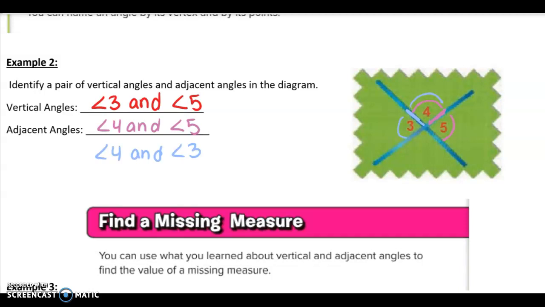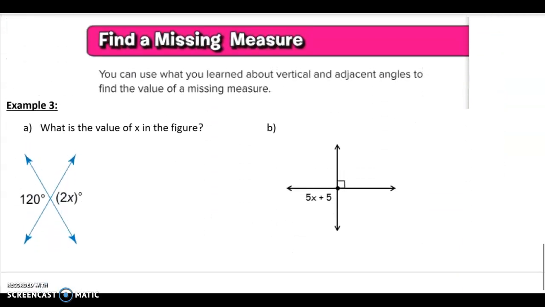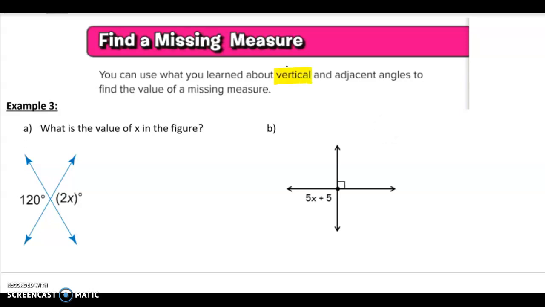All right, finding measurements. So this is when we are going to use what we know about vertical angles, meaning that they're equal to each other. Remember, vertical angles here are going to be the same. They're going to be equal to each other to find out what the missing measures are, and adjacent angles to find out what the missing measures are.